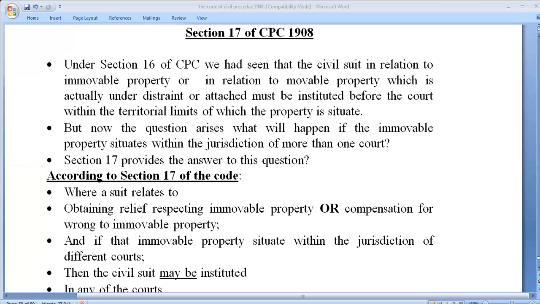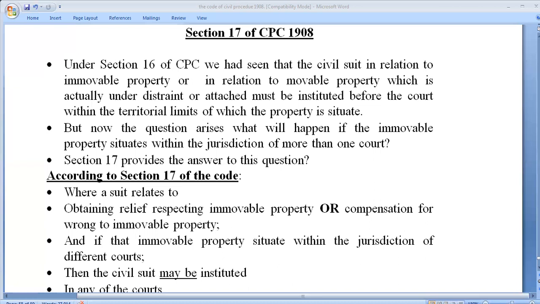According to section number 17 of the code, where a suit, that means to say where a civil suit, relates to obtaining the relief respecting immovable property, or where a suit relates to compensation for wrong to immovable property.